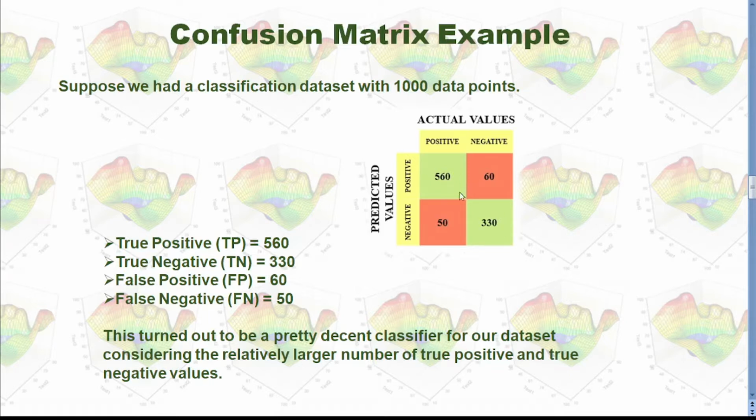So all those values are correct. And in the meantime, we have false positive 60 and we have false negative 50. In this example, it is a pretty decent classifier for our data set.